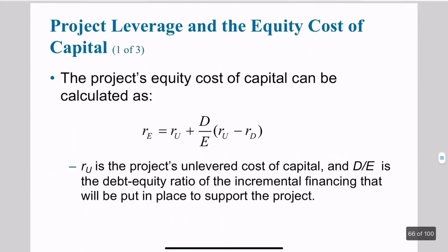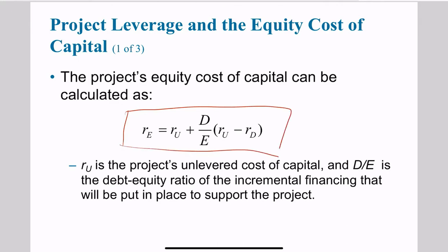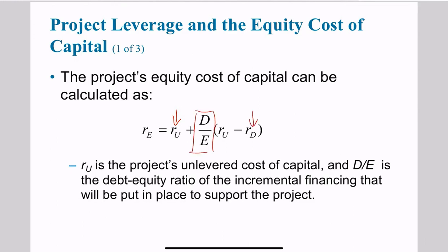Okay, so how do we find out RE? Well, we could use the theorem from Corporate Finance 2. This is the formula you have learned from Corporate Finance 2, from Proposition 2. It says that if you give me the unlevered cost of capital, and the firm's debt cost of capital, and the debt equity ratio, I can tell you the firm's equity cost of capital. And you can see that we have got RU, right?